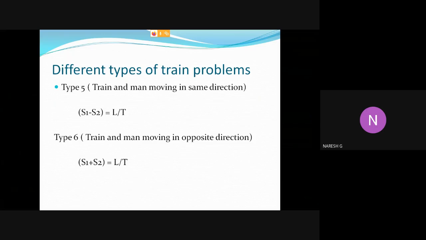So in place of distance, write only the train length divided by time. If the train and man are moving in opposite directions, then S1 plus S2 equal to L by T. Either train and car or train and man, whatever it may be, in place of distance we write only the train length.